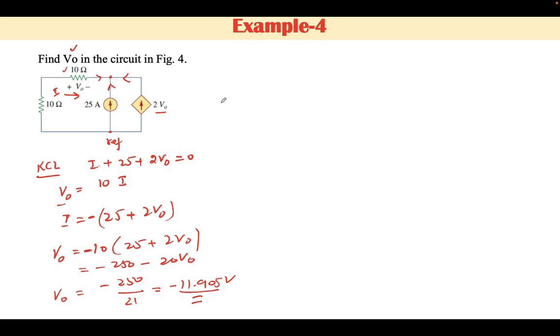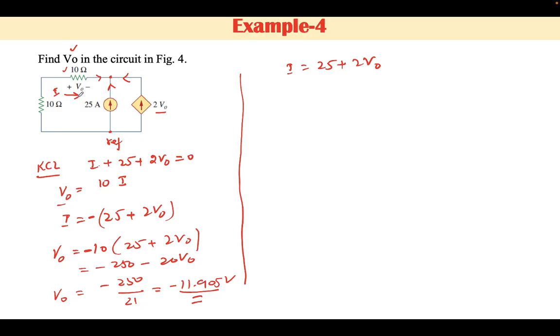Now this same problem can be solved by using nodal analysis as well. Considering nodal analysis, I is equal to 25 plus 2 V naught at this junction, because we consider the direction of current I as outgoing.